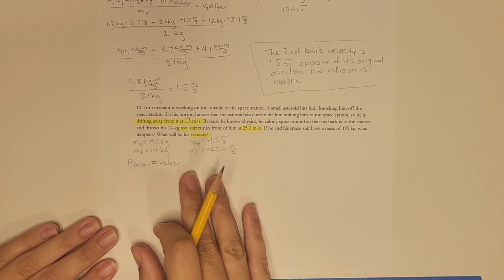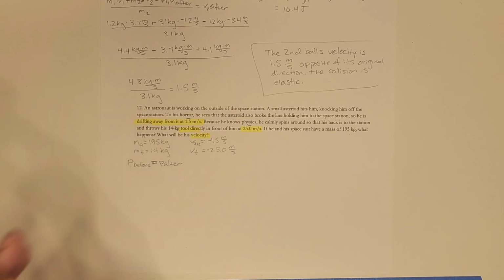Then after he throws the tool, now we have two separate things. We have the astronaut who has some sort of velocity after he throws the tool, and the tool that has its own velocity. And the astronaut now doesn't have the mass of the tool with him.